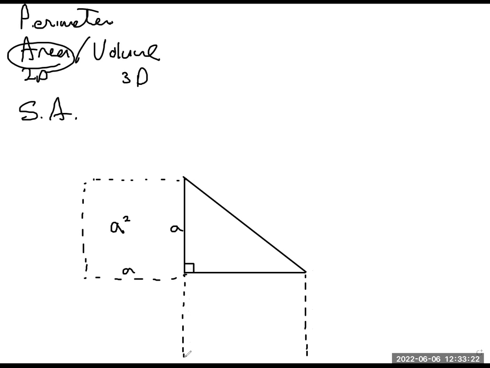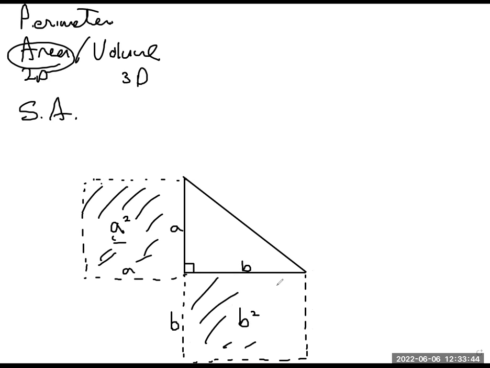So let's pretend this is length B. If you take a square with length B, that means this length, the width would also be B. The area of this square is B times B, or B squared. So then the entire area of this square and the area of this square, if I were to merge them together, I would get the same area as this gigantic square.